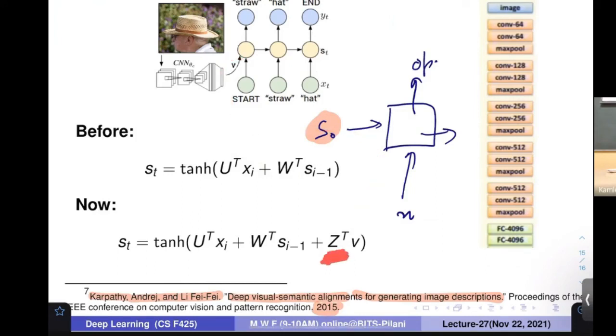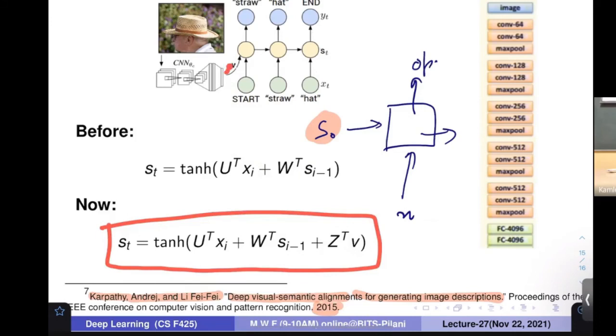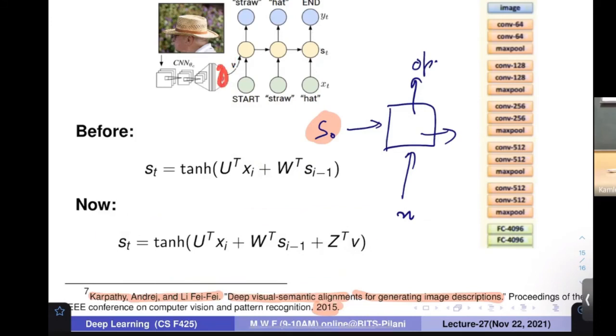There is another set of weights, which we call Z. Z is multiplied with V, and this V is constant across all steps, and you train it. With this simple change, the starting value is going to be a vector from here, and at every step I use that value.